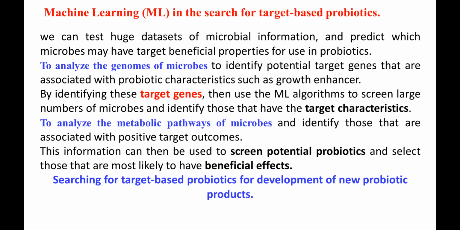This information can then be used to screen for potential target-based probiotics and select them for the preparation of any type of product. Overall, machine learning is a very powerful and accurate means to screen target-based microbes from huge data, and to enhance the development of new probiotic products in the market.